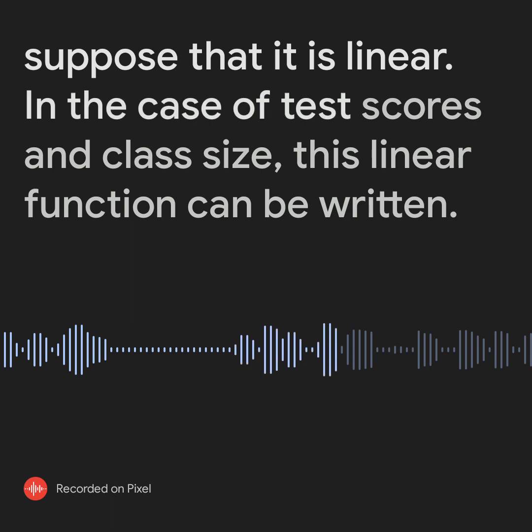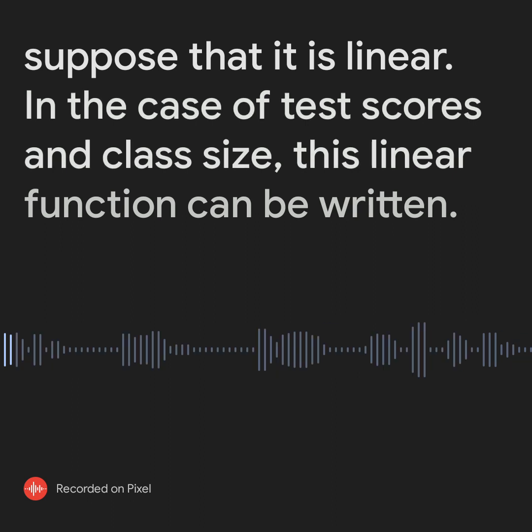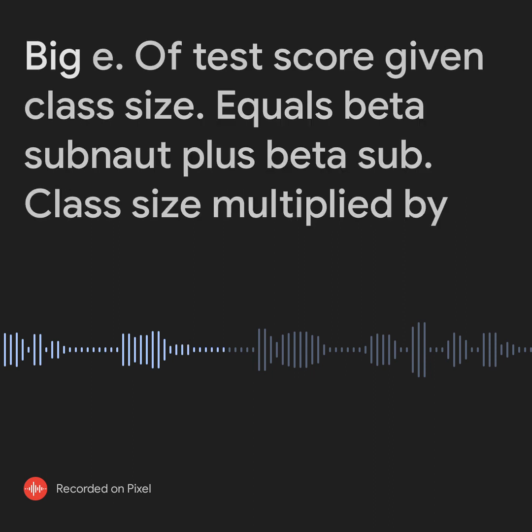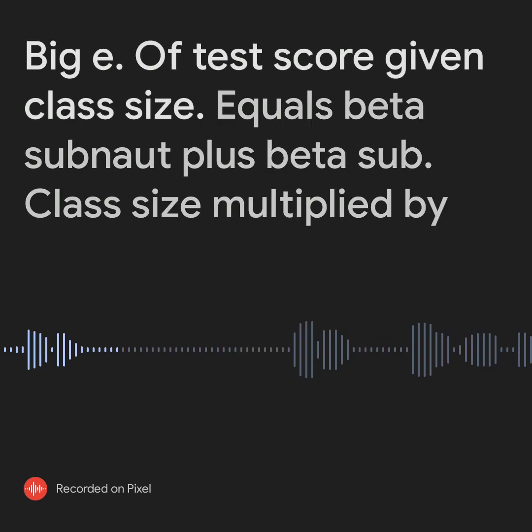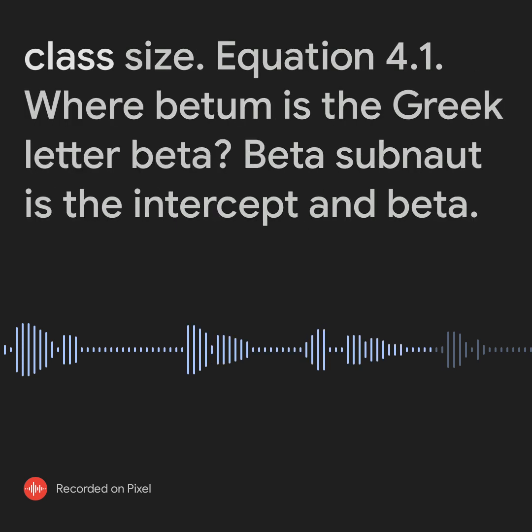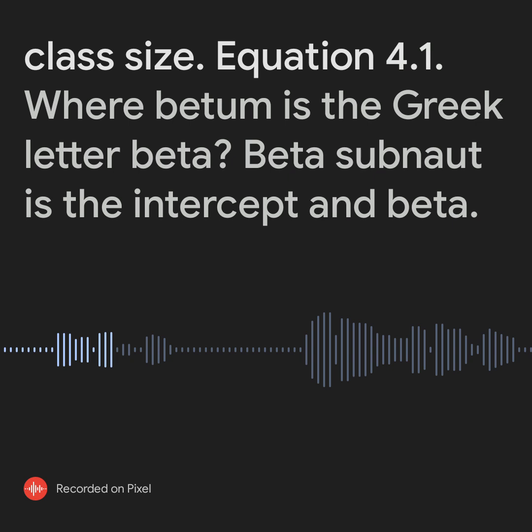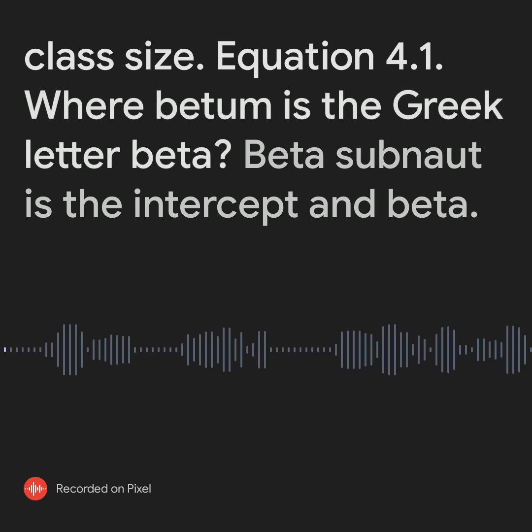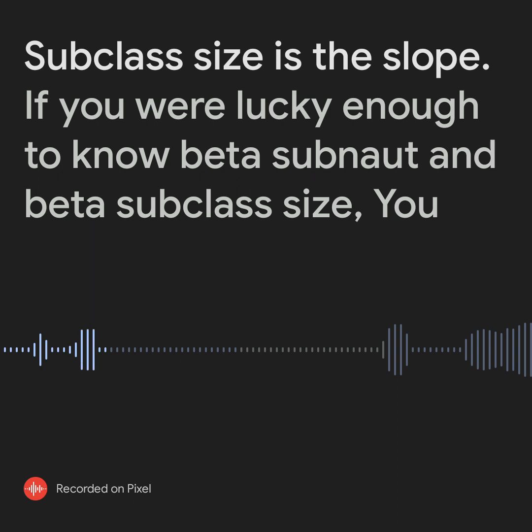In the case of test scores and class size, this linear function can be written big E of test score given class size equals beta sub naught plus beta sub class size multiplied by class size, equation 4.1, where beta is the Greek letter beta, beta sub naught is the intercept, and beta sub class size is the slope.